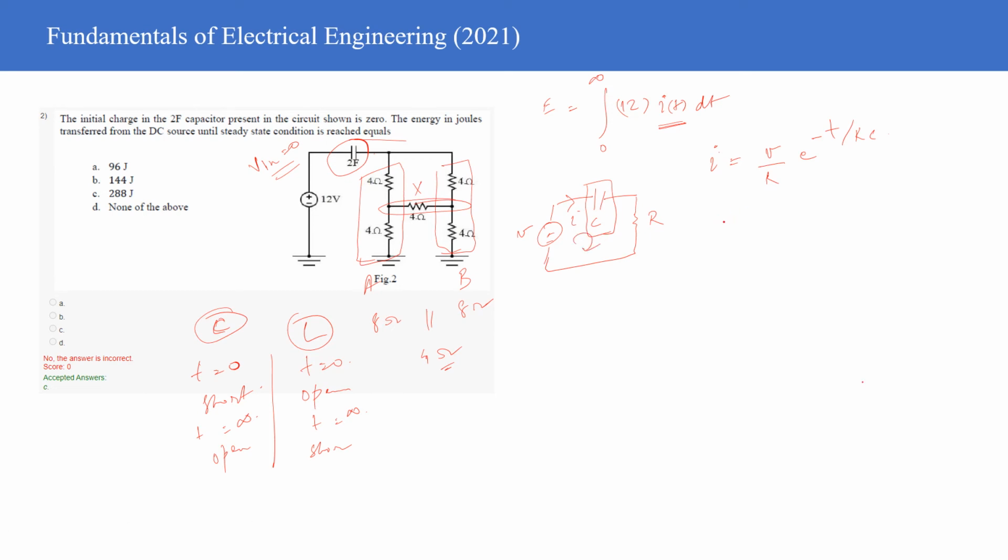You can write voltage V, and I know that I is equal to C dV by dt. So voltage V is equal to integral of I dt divided by C plus IR. This is the KVL for this circuit.